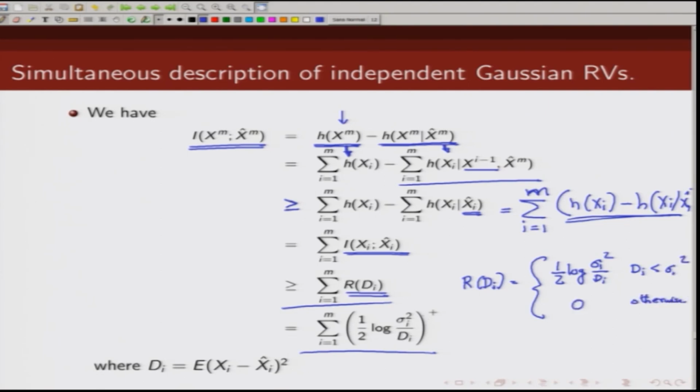That's why I am writing this with the operator x plus. So this is equal to x when this condition is satisfied, otherwise this is 0.